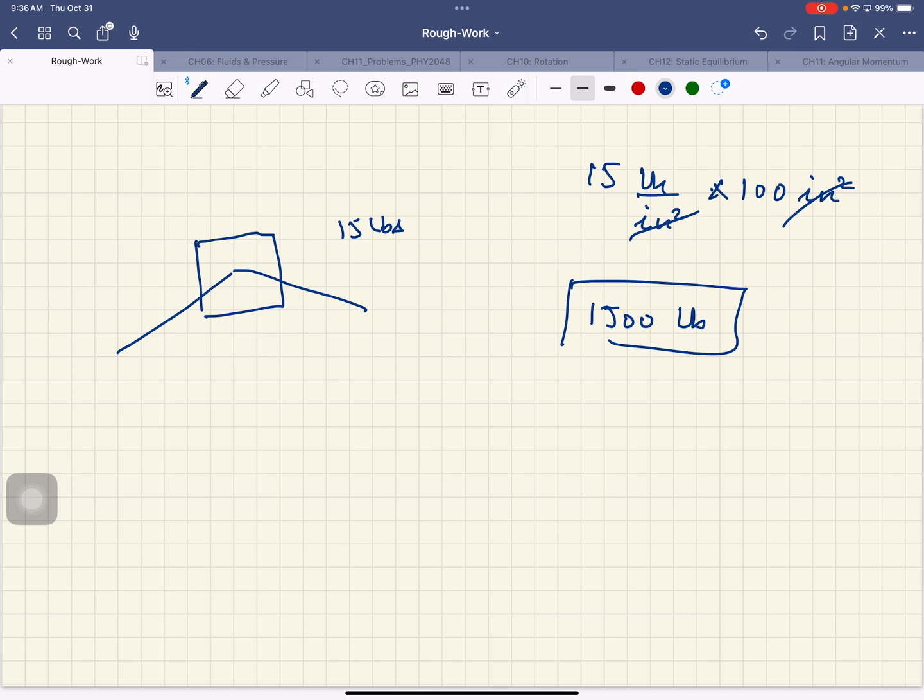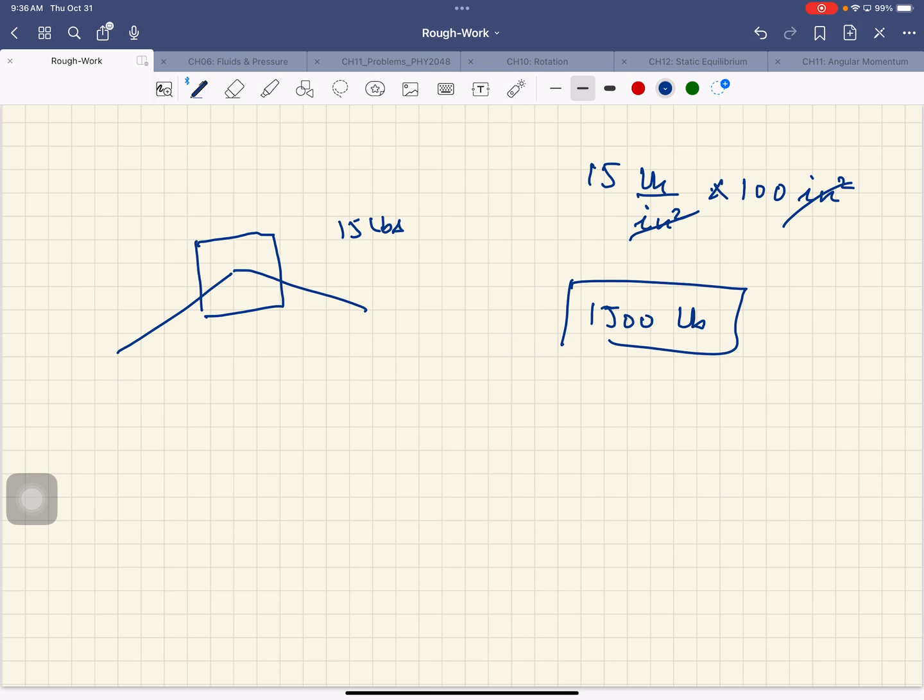If you go 33 feet underwater, now the pressure on you is 2 atmospheres. Now it's 30 pounds per square inch. On an area like that, what would be the force? 3,000 pounds. You better have 3,000 pounds on the other side.